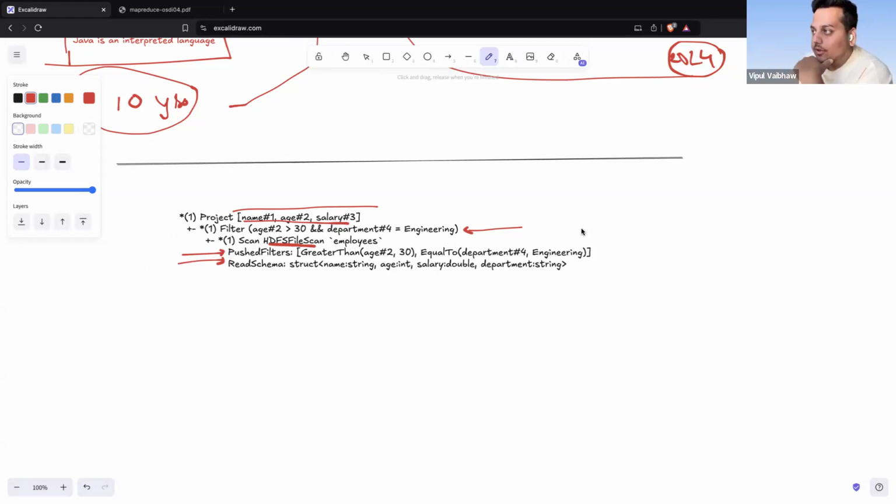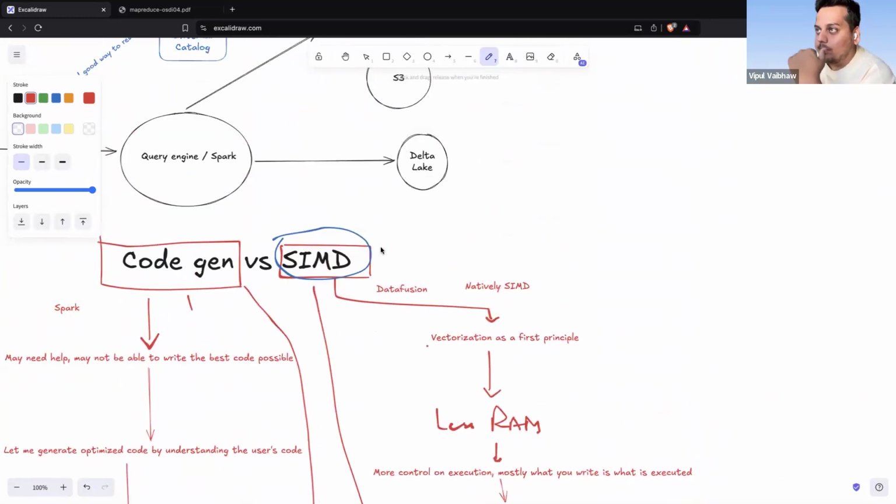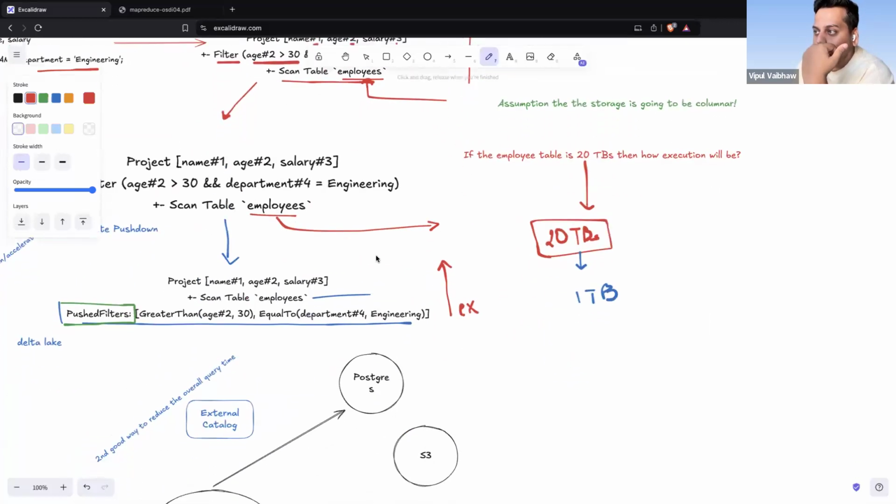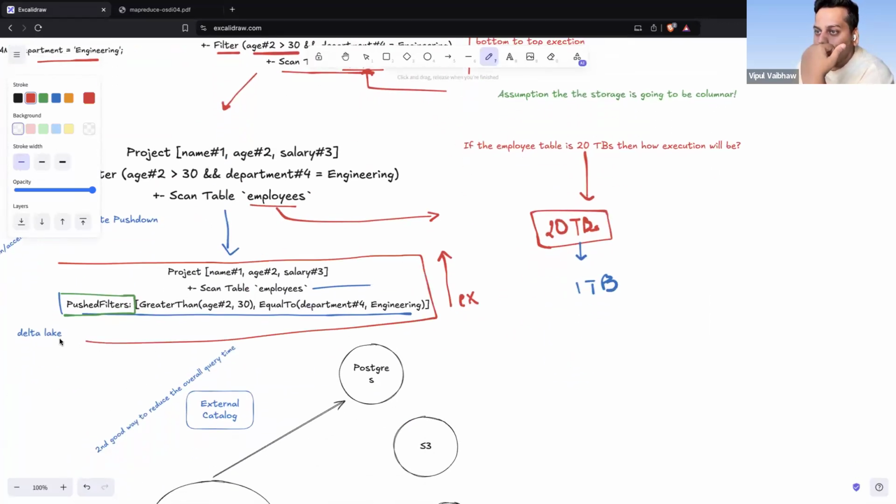But the main thing is, as you can see here, we have the exact instruction we can give to the executor on how exactly you want to run this code physically. The logical plan is all about planning the query. It is more concerned with how I can optimize the query, and it has general functions like scan, but it doesn't tell you how exactly you're going to do the scan.